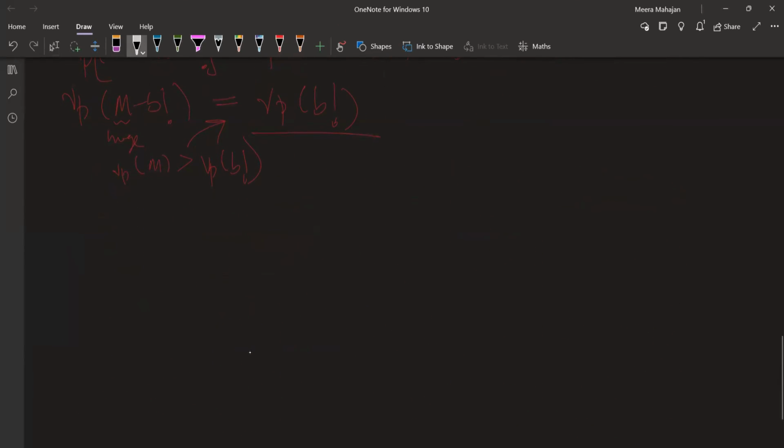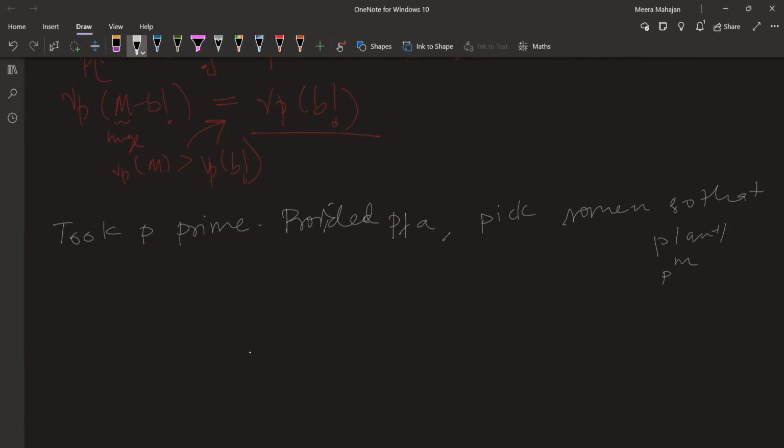So that was our idea. So what did we prove? We took P any prime, provided P does not divide A, pick some n so that all of the stuff. If p divides an plus 1 and p to the power huge divides it, everything. And we assumed b is at least p, and we got a contradiction.